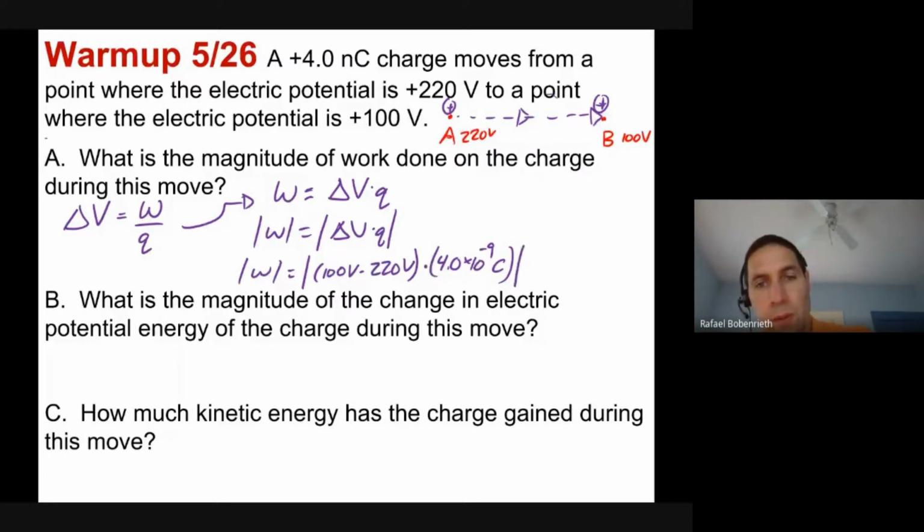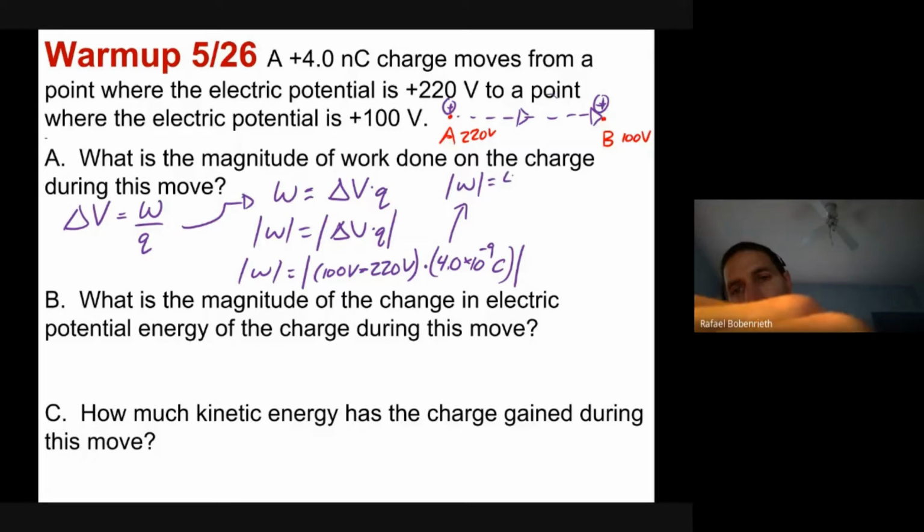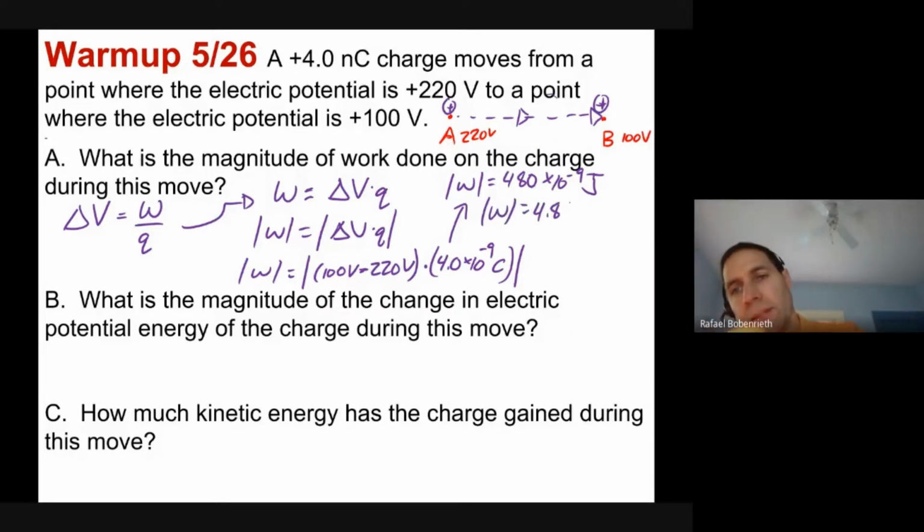So we have 100 volts minus 220, take the difference and multiply it by 4 times 10 to the negative 9th. You're going to find that the magnitude of the work done is 480 times 10 to the negative 9th joules. We could say that's 4.8 times 10 to the negative 7th joules.